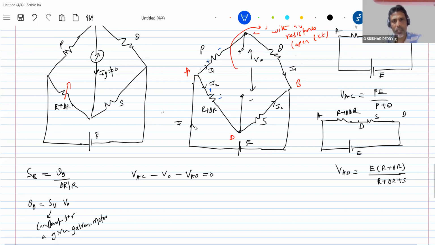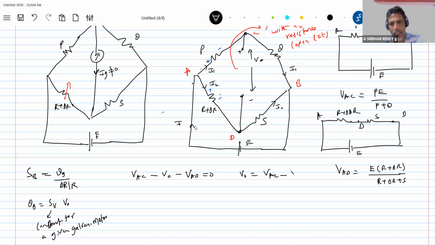So V naught is equal to VAC minus VAD. Is that KVL okay? I'm proceeding like this.